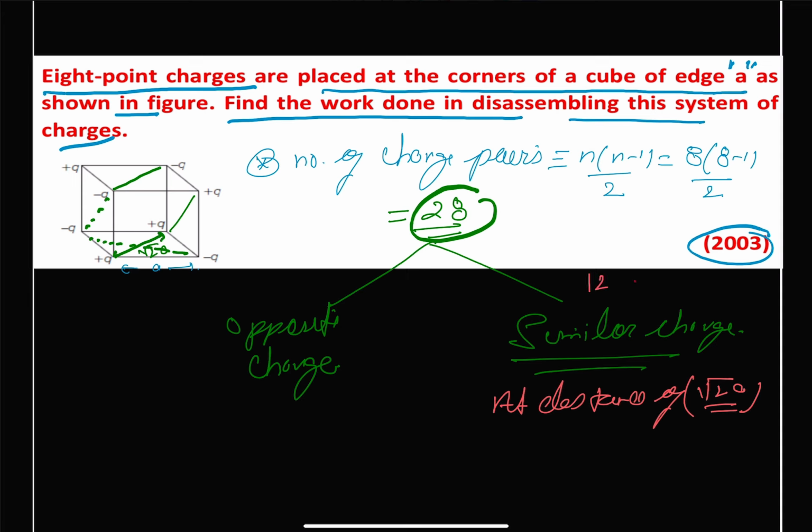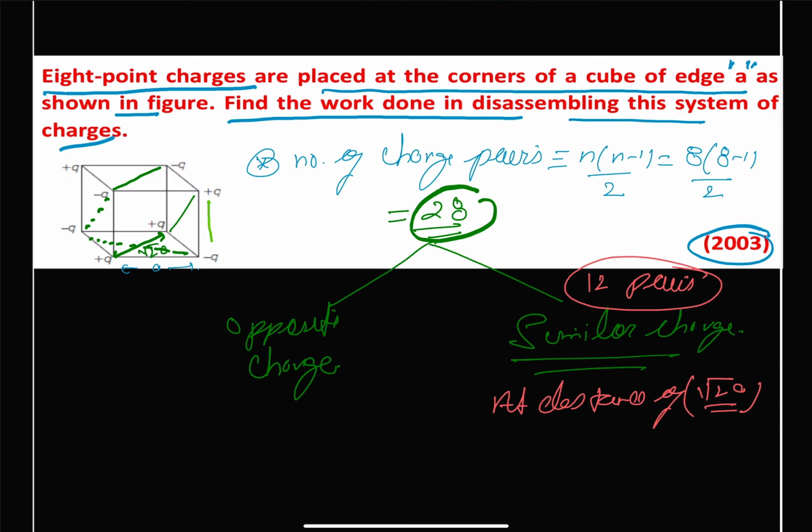So this will be our 12 pairs of similar charges, and the opposite charges are at different distances. So we can say these opposite charges are at different distances.